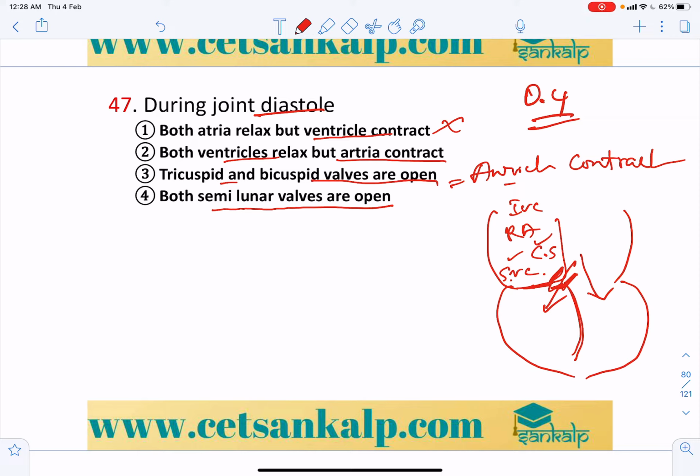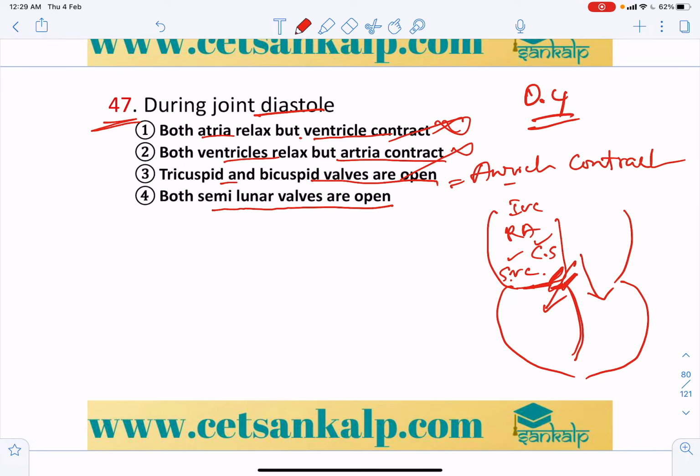So during joint diastole, what happens exactly? The seventh question, right? Both ventricles and atria relax. Both atria relax, but ventricle contracts? Wrong. Both ventricles relax, but atria contract? Wrong.